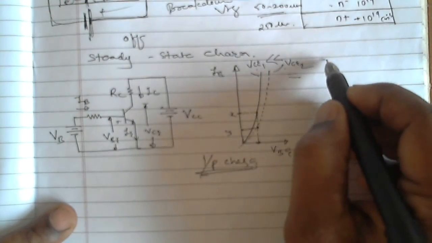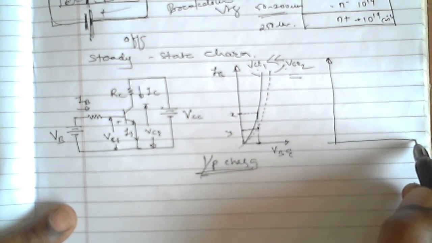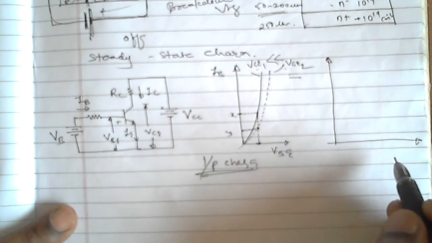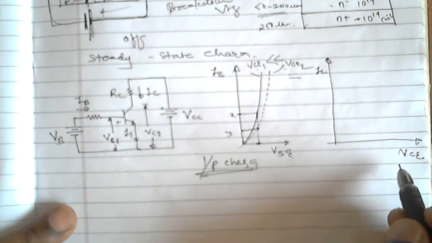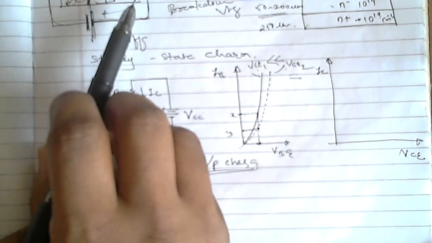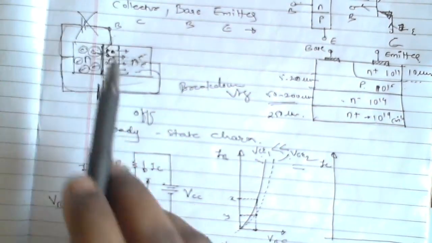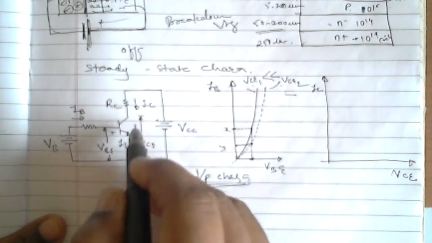Now let's see the output characteristic. It is a very important characteristic. The output characteristics are the characteristics of VC versus IC, collector current versus collector emitter voltage. First we will keep the base current at zero. Actually, our interest is the collector current.